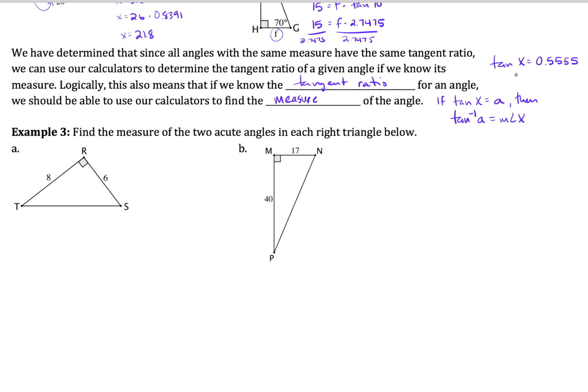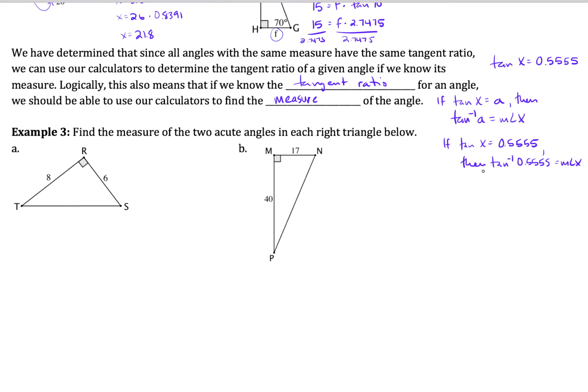So if, for instance, the tangent of x equals 0.5555, then if we take the tangent inverse of 0.5555, it tells us the measure of angle x.